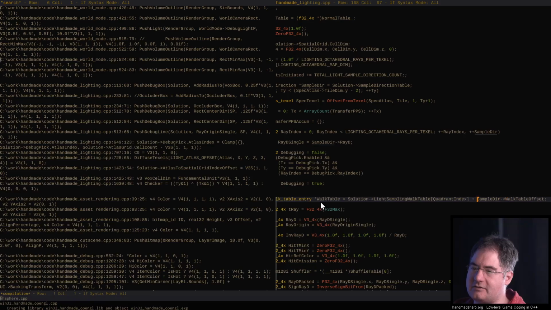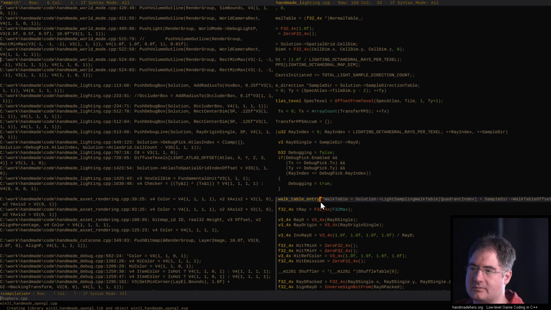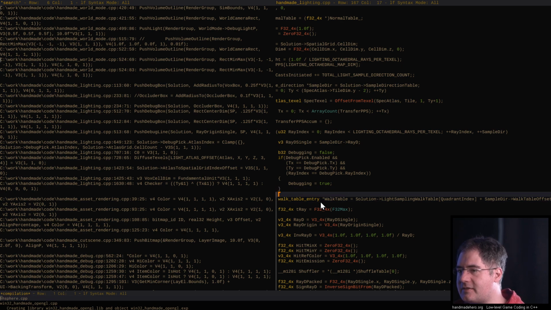Now, it could be because this walk table is kind of busted, right? So, let's suppose the walk table was busted. Then the quadrant that you were in would make the difference, right? So it could be that that's what happened.